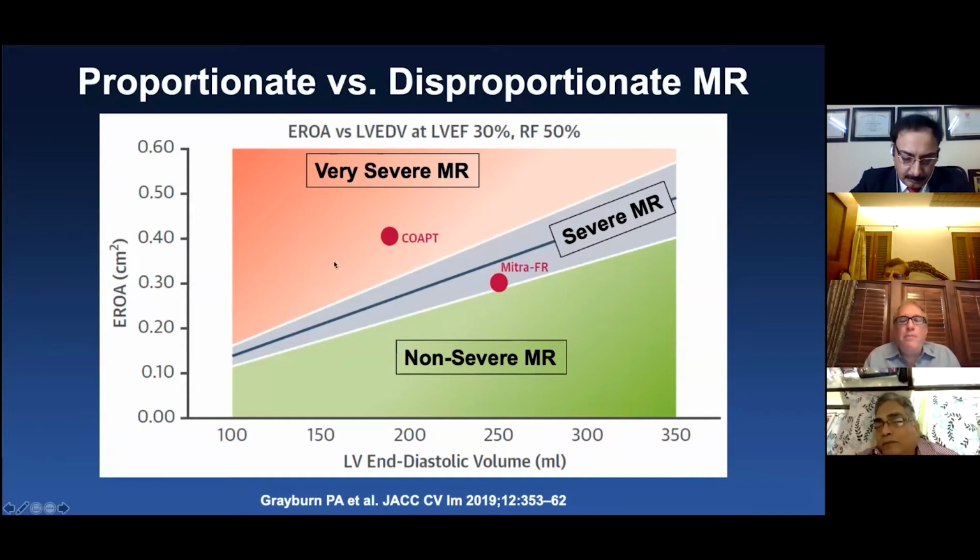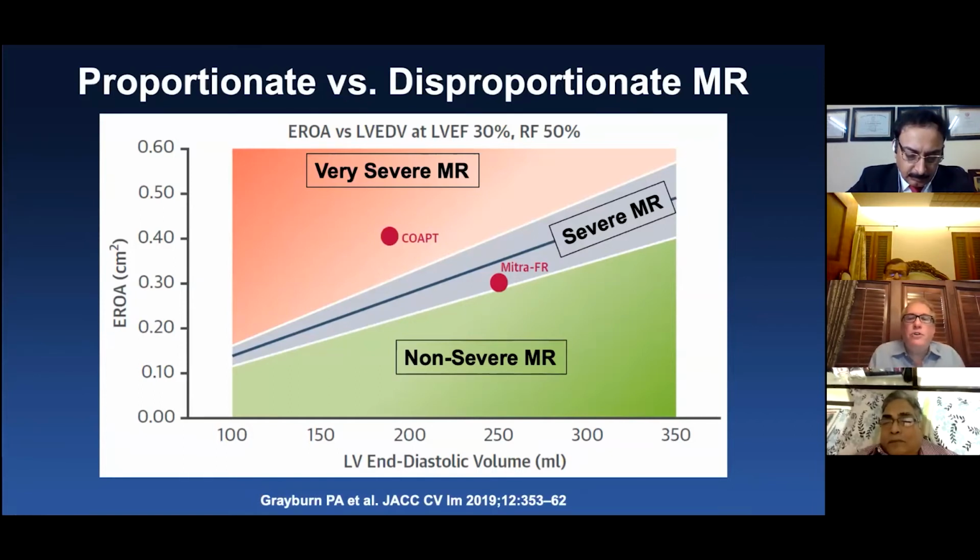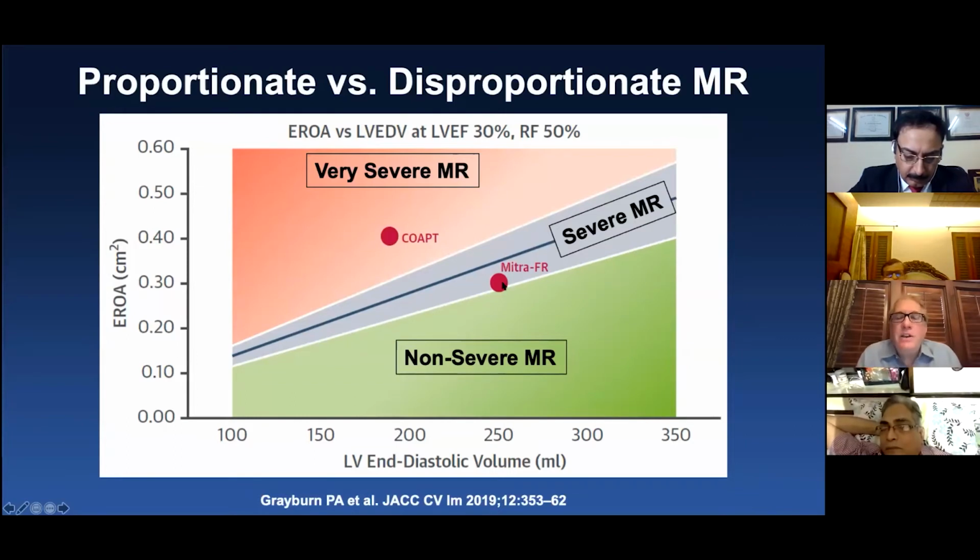So we ended up with only moderately enlarged ventricles and an EROA of around 0.41 centimeters squared, so very severe MR. In MITRA-FR, on average, they did not have an upper bound to how bad the ventricle could be. So they ended up with very dilated ventricles on average, and they allowed less criteria for how severe the MR had to be. So their EROA was only about 0.3 centimeters squared.